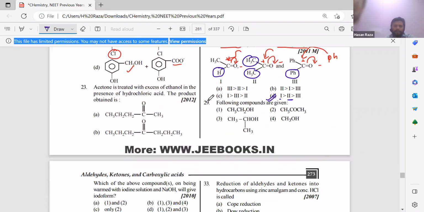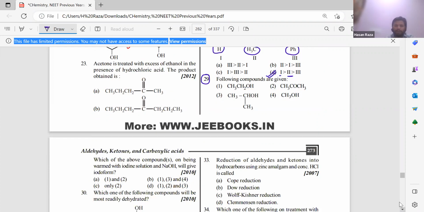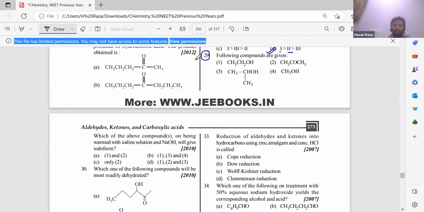Okay. Now this is the question. Following compounds are given. This is question 29, which is very important, and it comes from the iodoform test. Which of the above compounds, on being warmed with iodine solution and NaOH, will give iodoform? Which one will give iodoform?